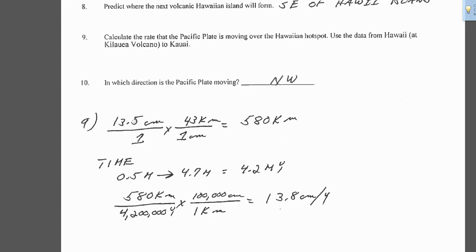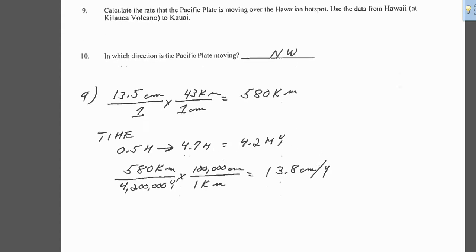So we calculated our 13.5 centimeters, and we know 1 centimeter is 43 kilometers, so that gives us our kilometers. We know the time, and the time was given on the data sheet. Went from 500,000 to 4.7 million years. That gives you a difference of 4.2.